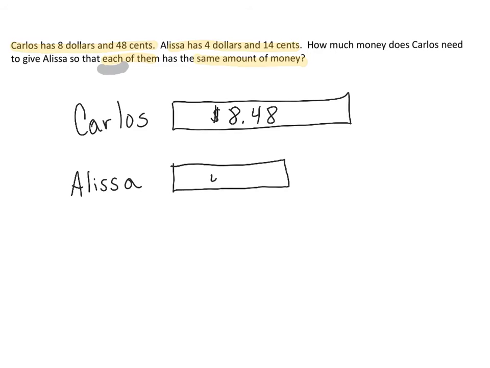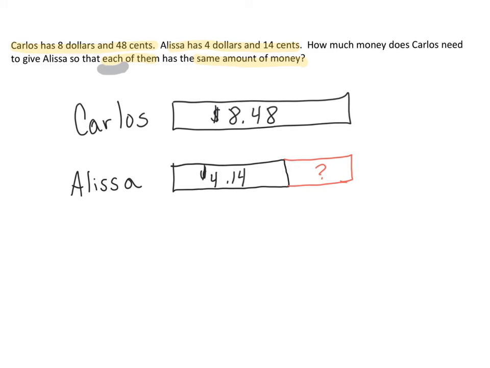She's got $4.14. So now the question is, Carlos needs to give Alyssa so that each of them has the same amount of money. So I'm not going to be taking half of his money. He wants to know how much more Alyssa can get so they have the same amount. So how much more can we put onto Alyssa so we have the same amount together?